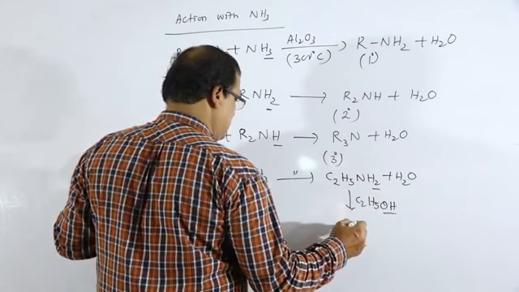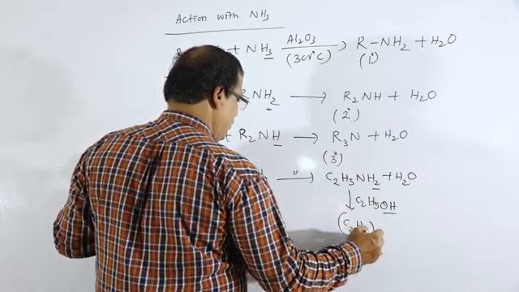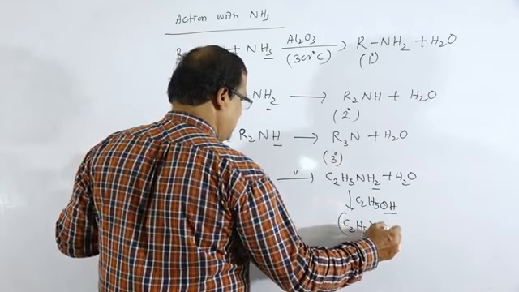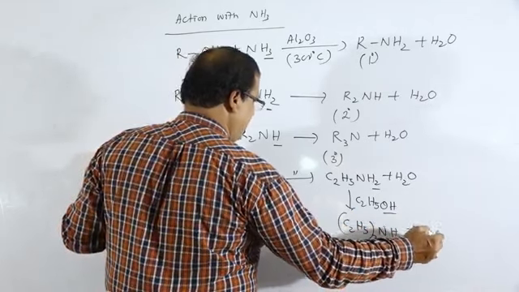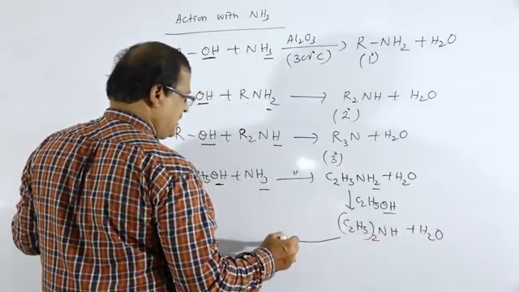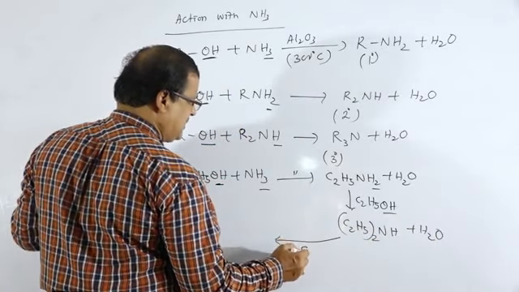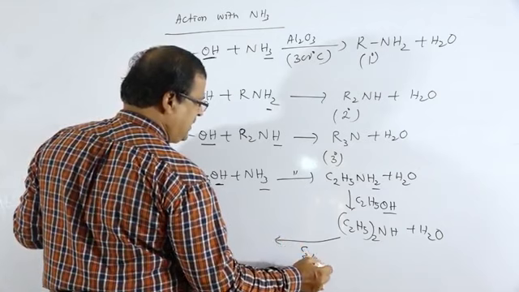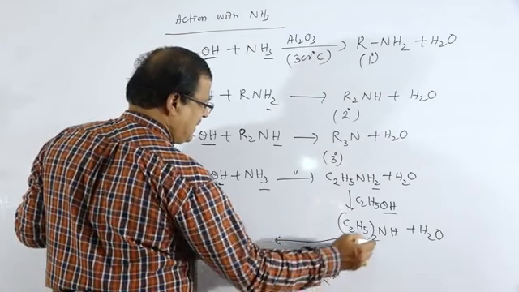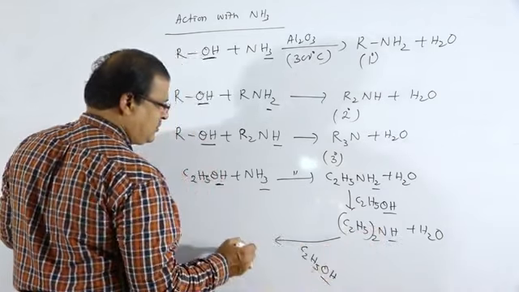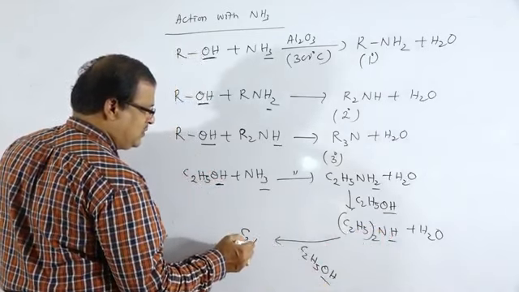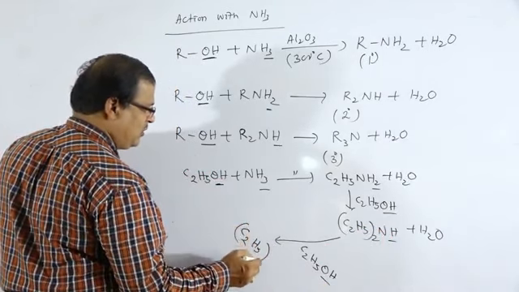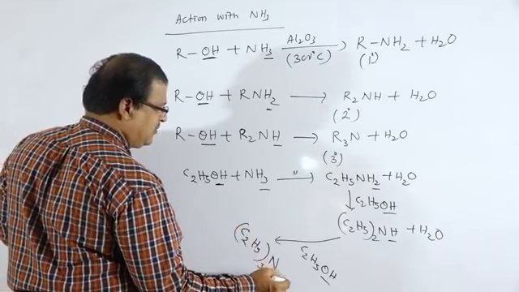So there is the formation of C2H5NH2 plus water. Again treated with C2H5OH, OH part and H part removed as water, there is the formation of (C2H5)2NH plus water. Again treated with C2H5OH, OH part and H part removed as water, there is the formation of (C2H5)3N plus water.